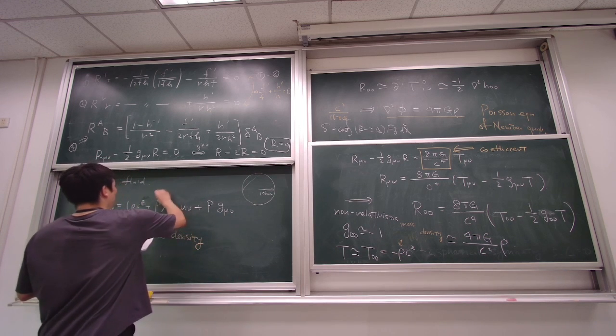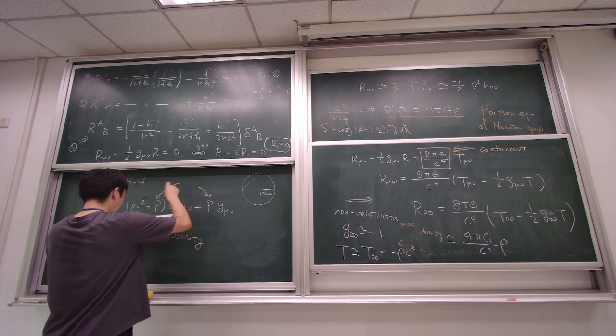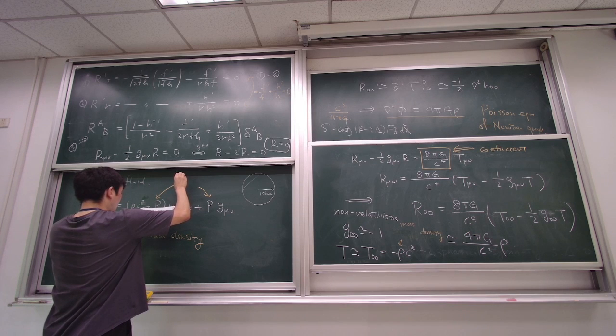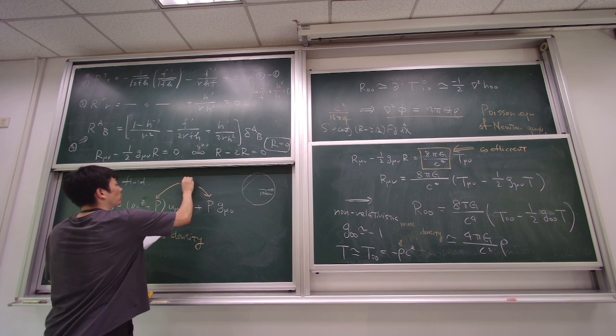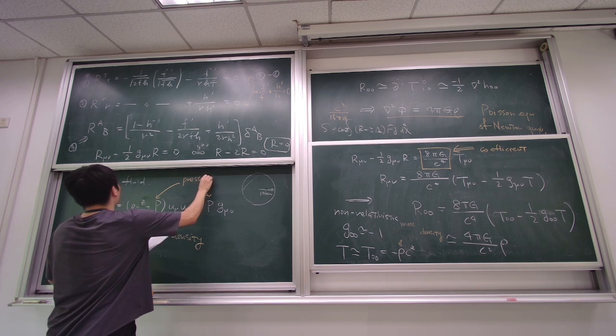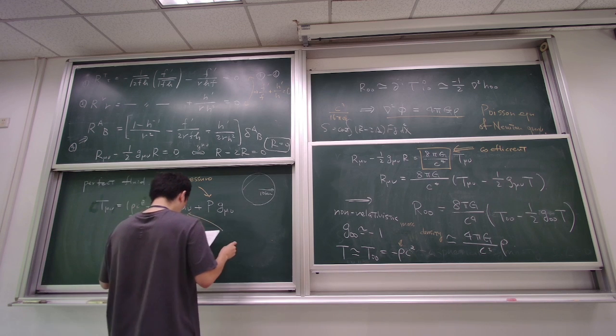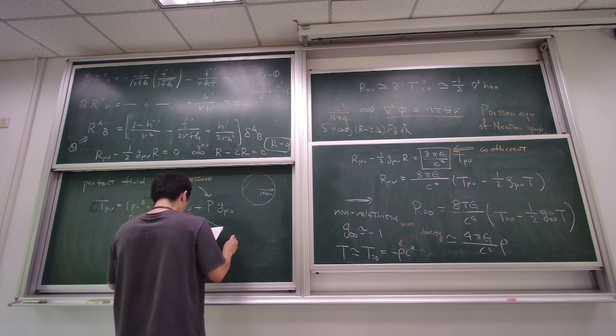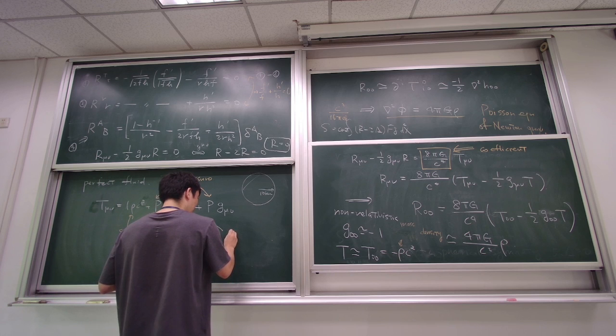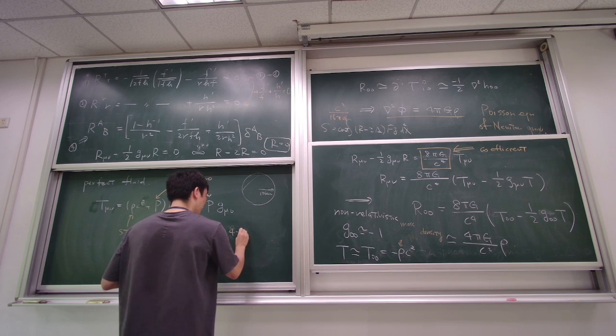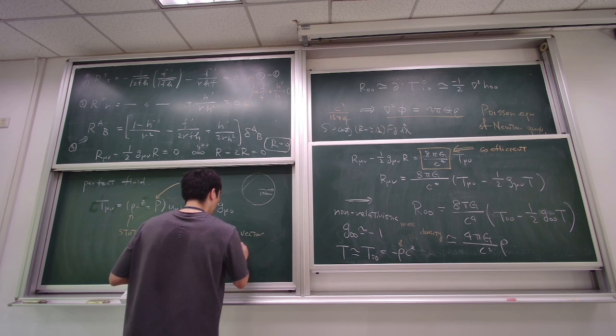And then p is the pressure of the perfect fluid, and u is the, how to say, four-vector of the perfect fluid.